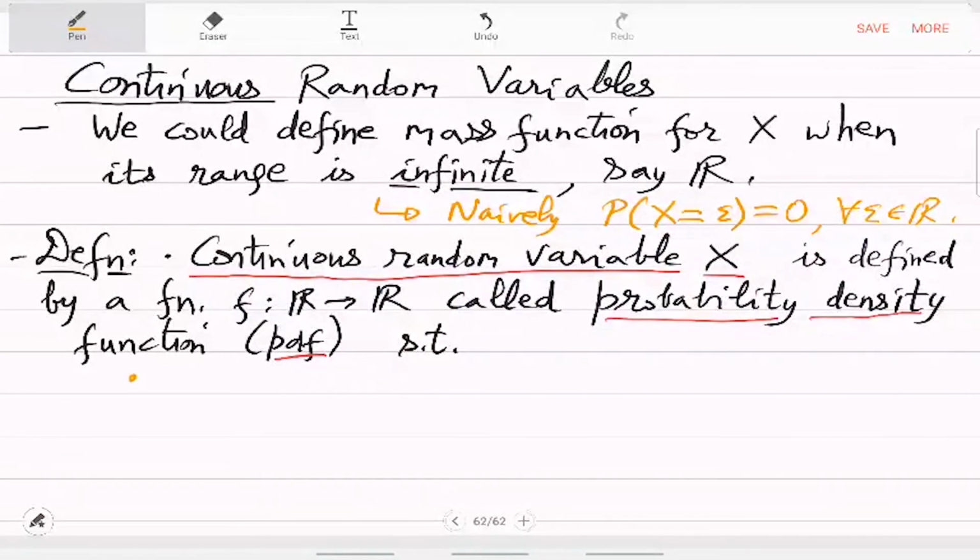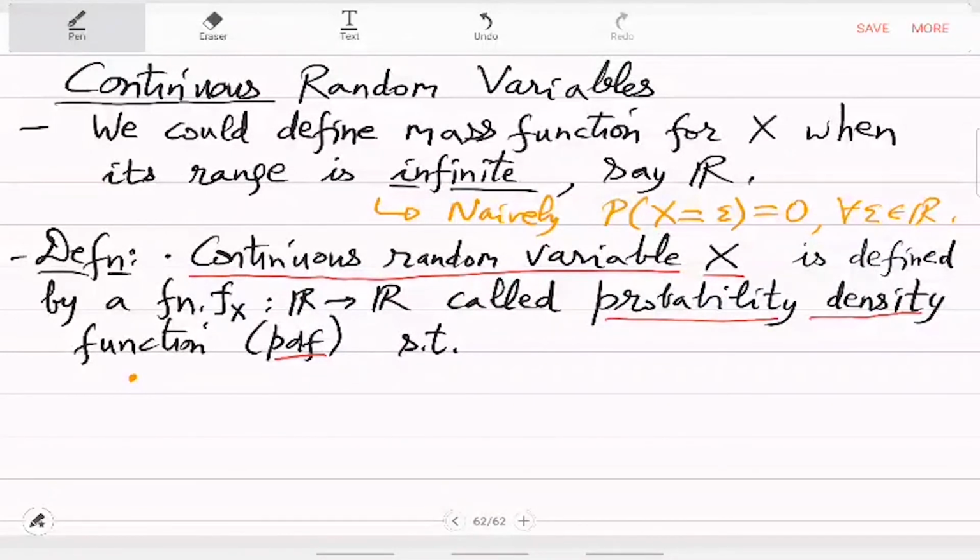So, what you want is, first of all, okay, let me put one more thing here. There is f sub x. Okay, let me clarify that.